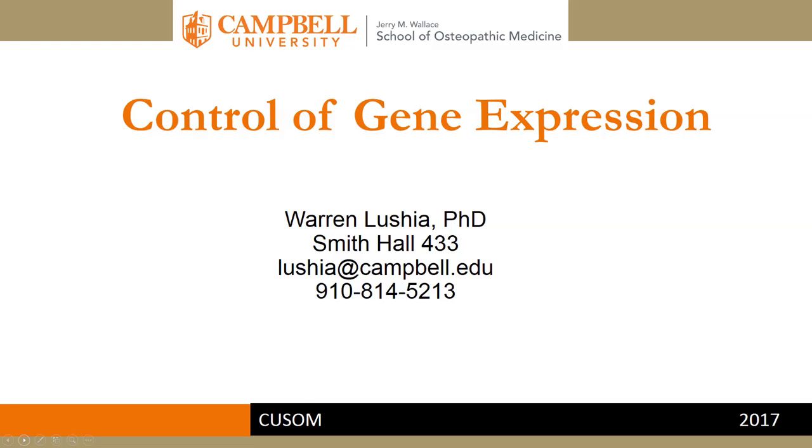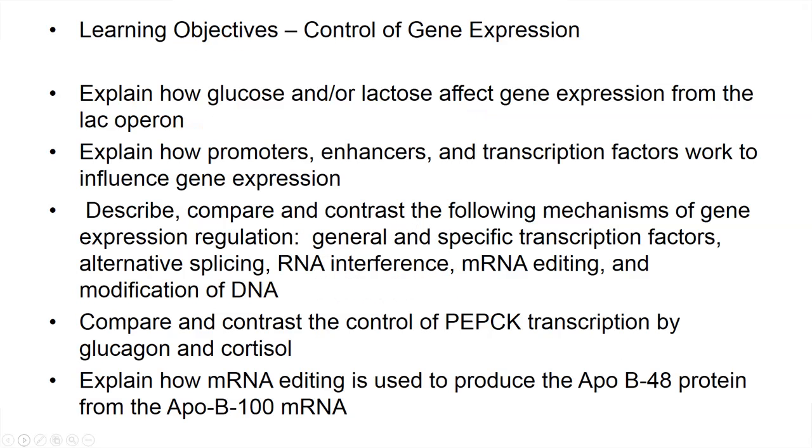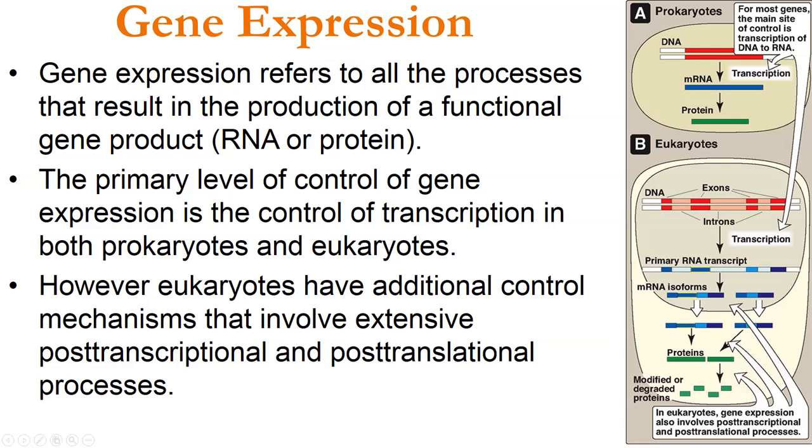All right, so our next topic, control of gene expression. Here are your learning objectives. Gene expression is a very general term. It refers to all the processes that result in the production of a functional gene product.